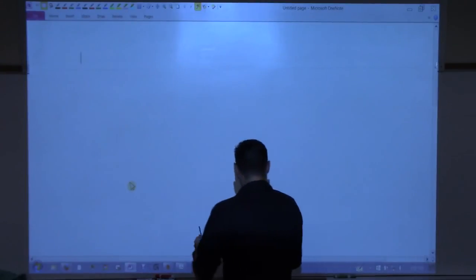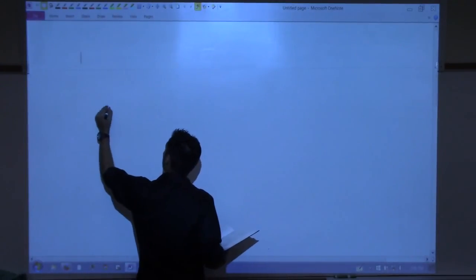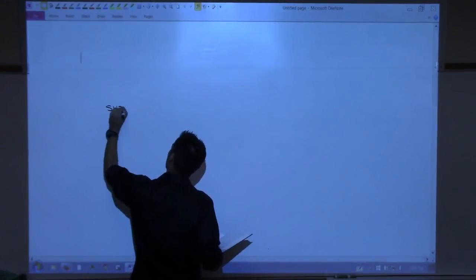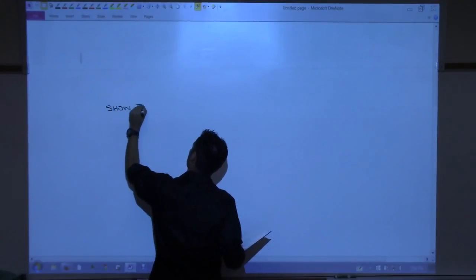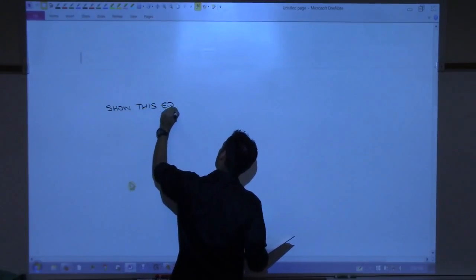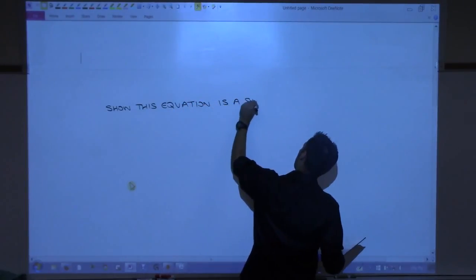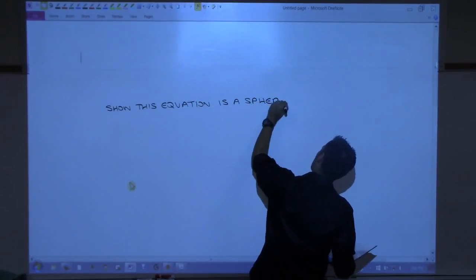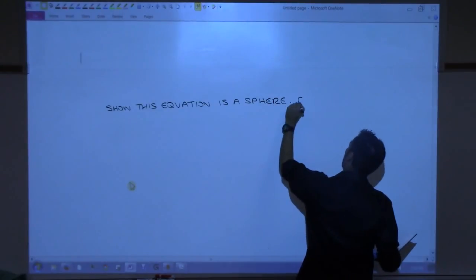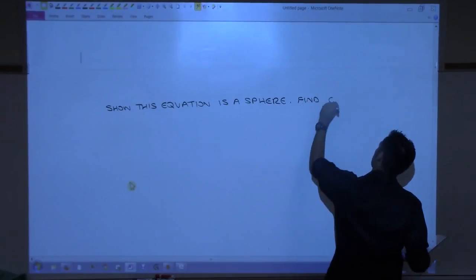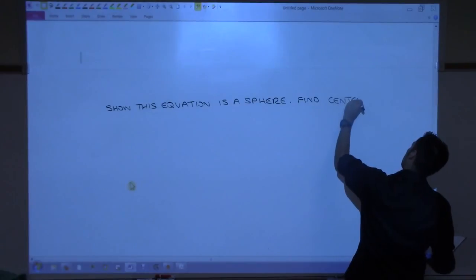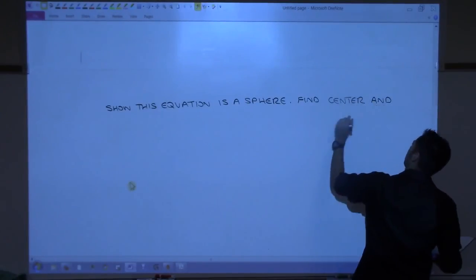All right. Show this equation is a sphere. Find center and radius.